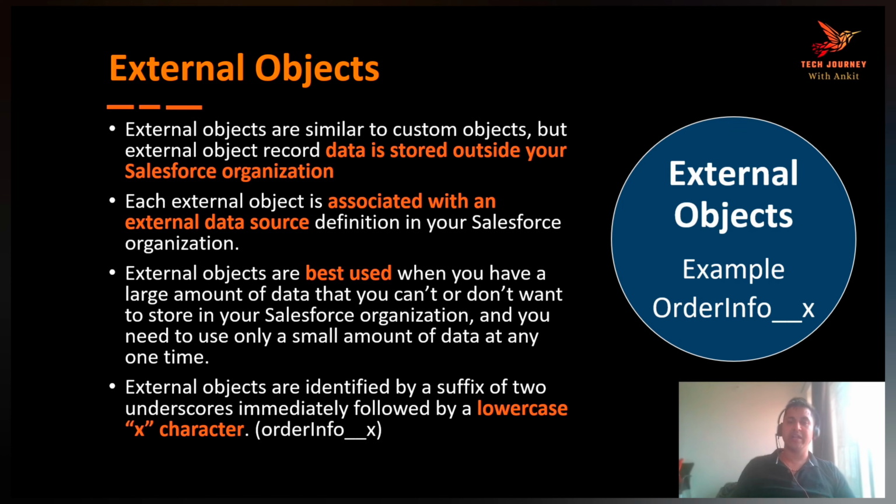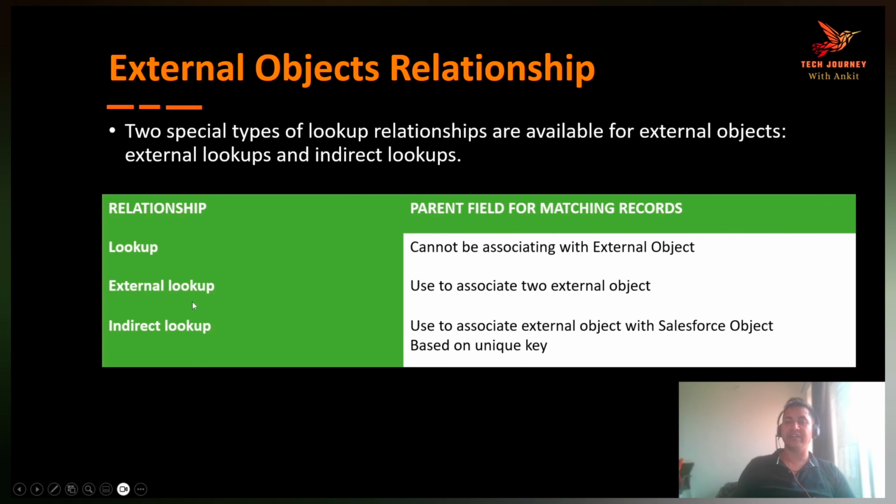Like for custom objects, we have the master-detail and lookup relationships. For external objects also, we have relationships, and these are a bit different from master-detail and lookup. Definitely, these relationships are nothing but an advanced form of the lookup relationship, or special types of lookup relationships, which are available only for external objects.